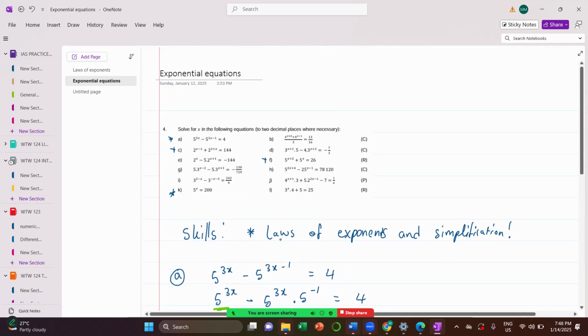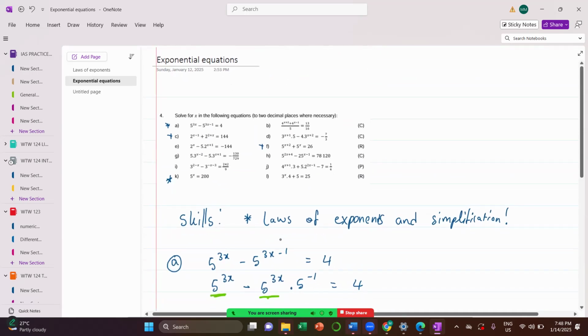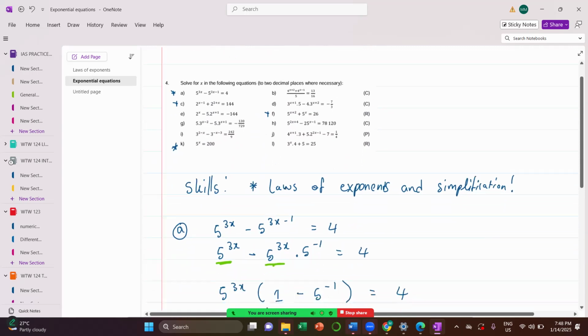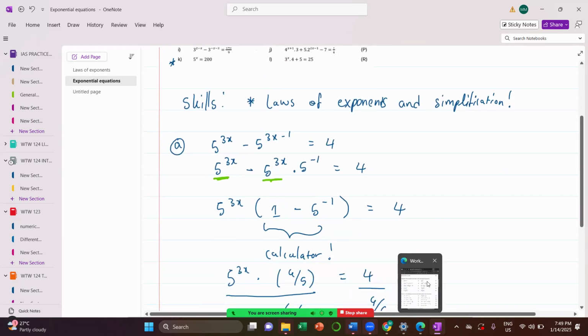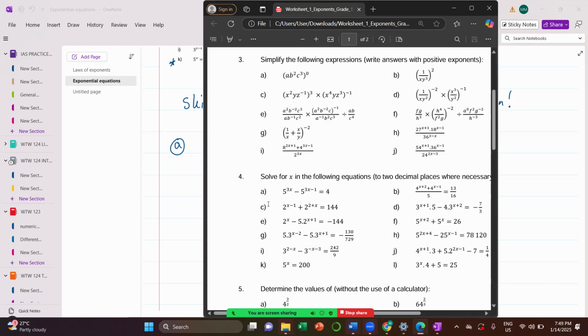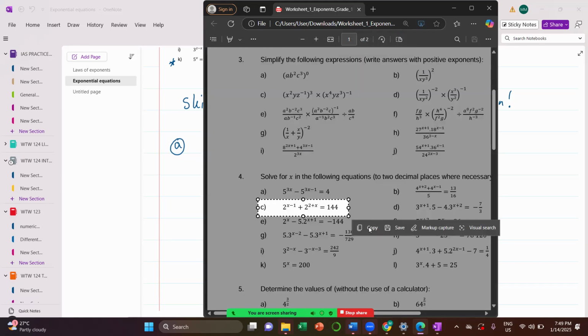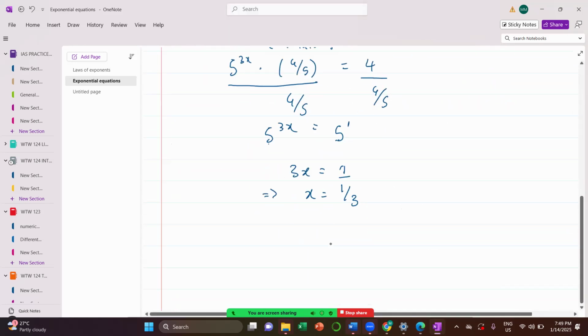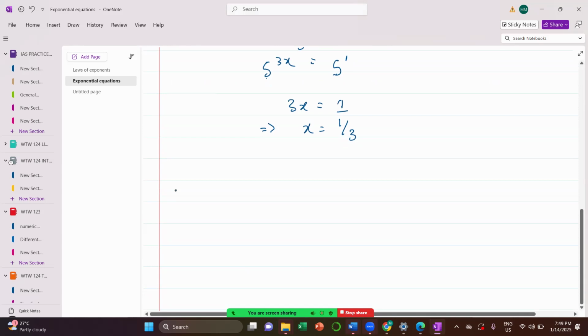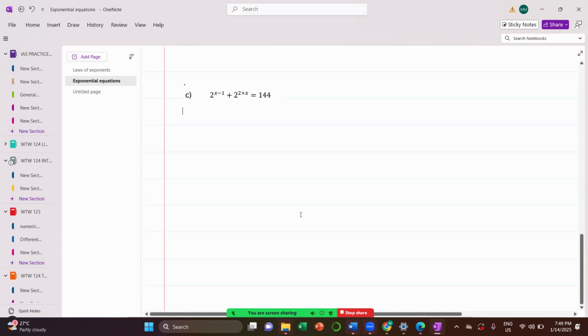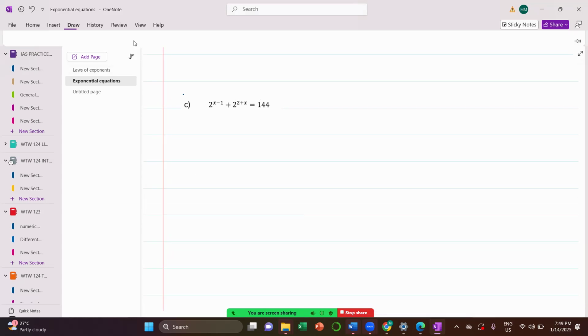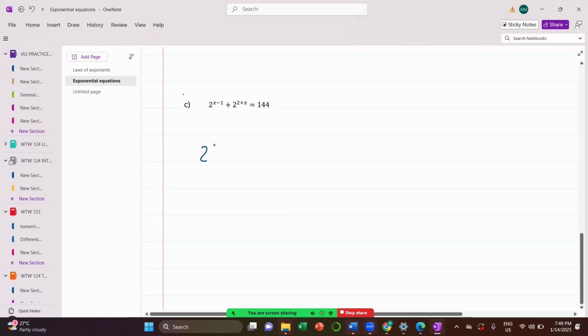So now I'm going to move on to letter C. This is what we have: 2 to the exponent of x minus 1 plus 2 to the exponent of 2 plus x is equal to 144, right?